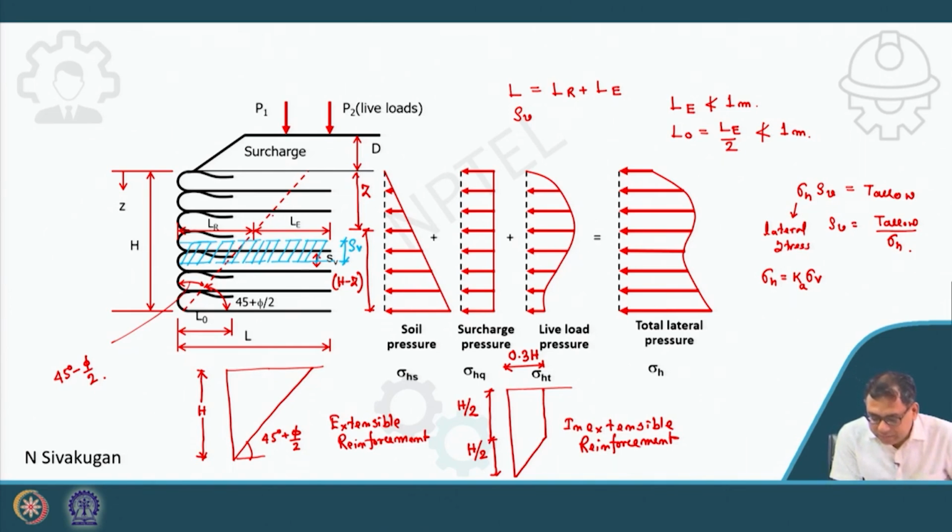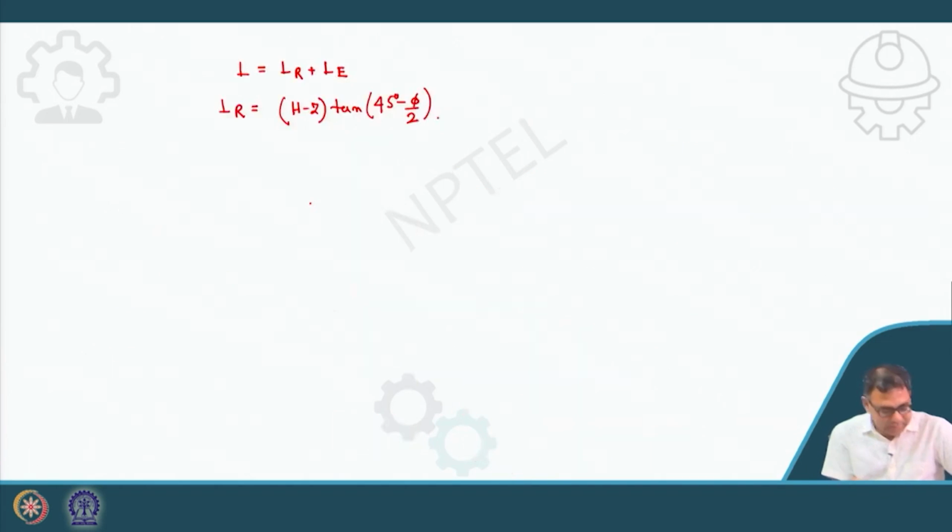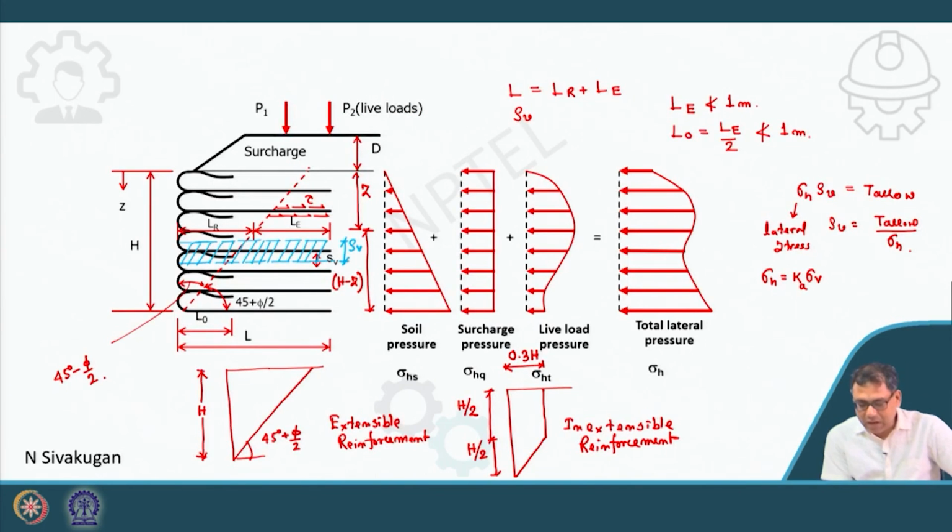If the pull is applied here, I will get the friction on both surfaces. How will I determine that friction? Say that friction is tau. So, can I write tau into LE, where LE is the length beyond the failure line.